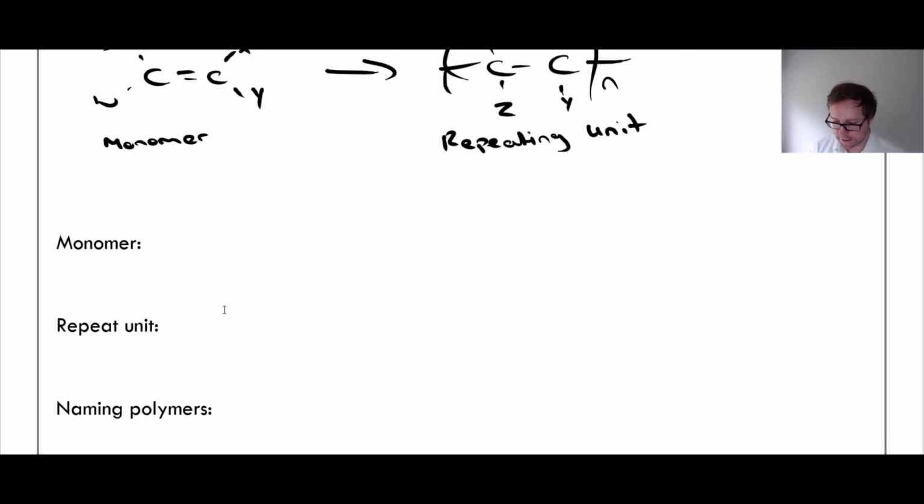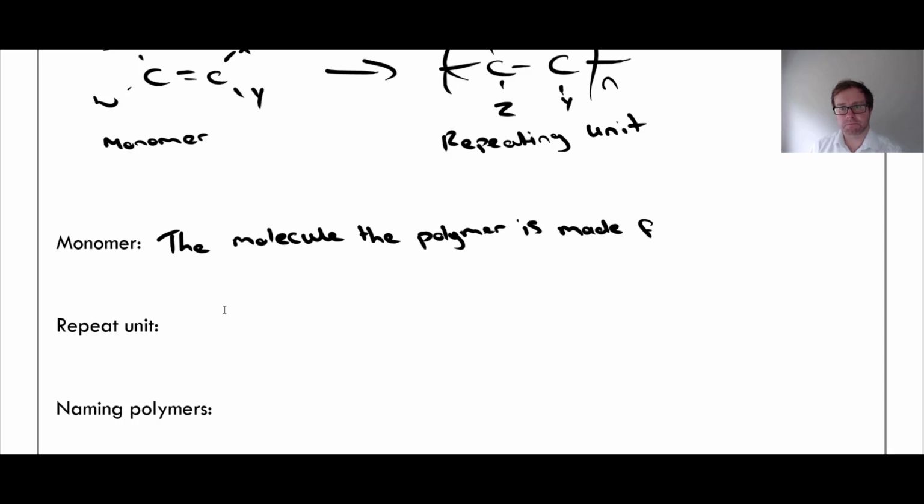So a monomer is a molecule the polymer is made from.